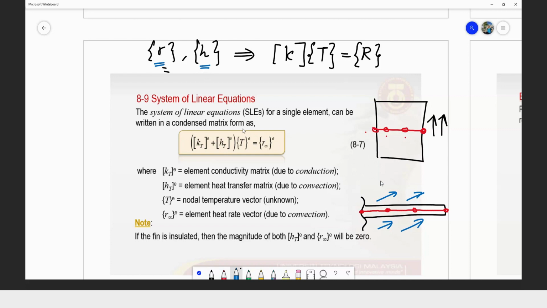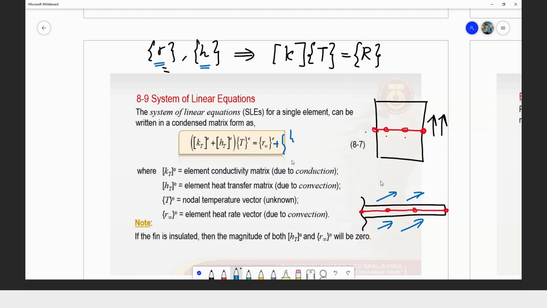If there is no internal heat generation, then R will be equal to 0, kan? But here we do not have internal heat generation. So R, if we imagine it similar to the plane wall, is possible, but we have to modify. We have to add HT all over the elements.